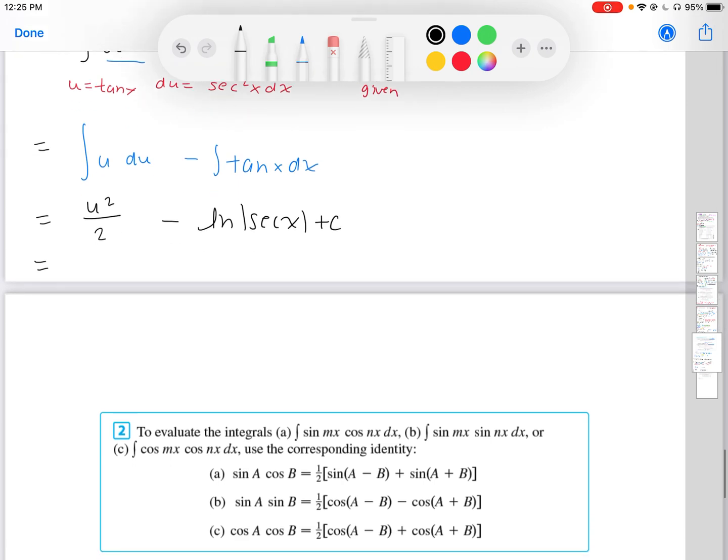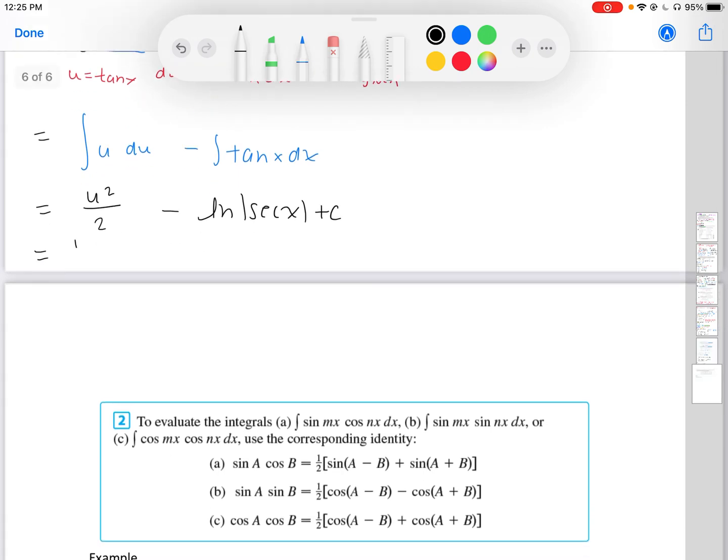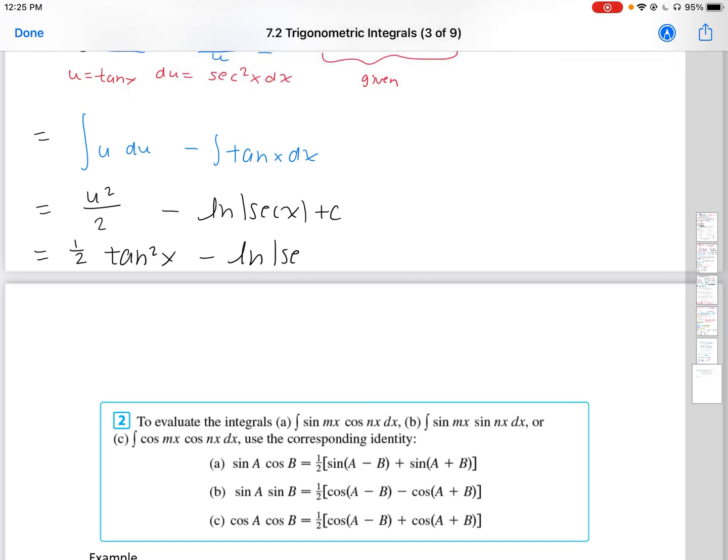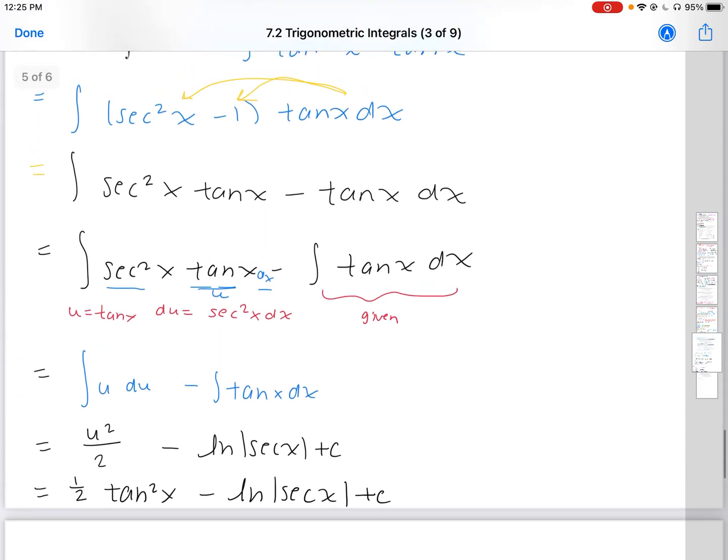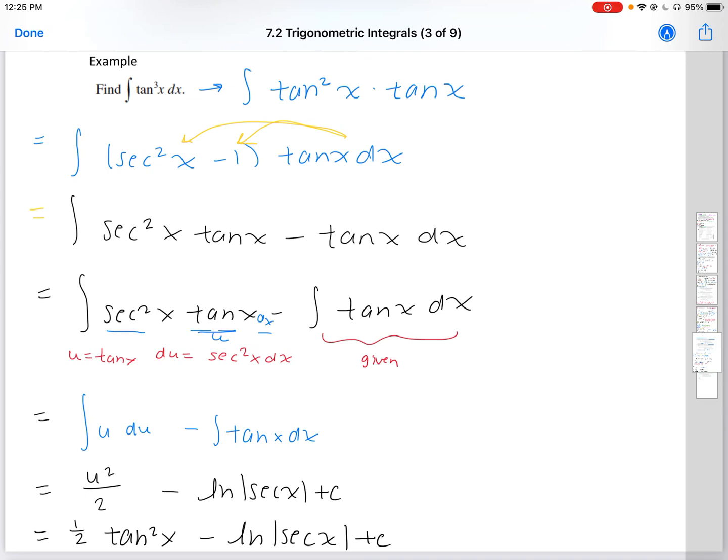Let's replace u, and we have 1/2 tangent squared of x minus ln secant of x plus c. All right, there we have it.